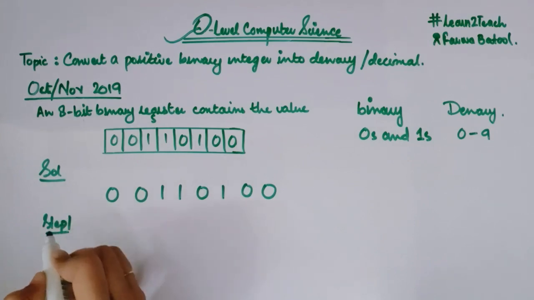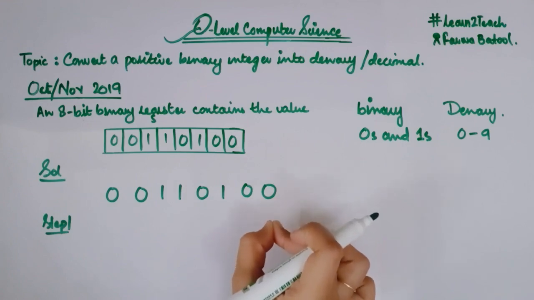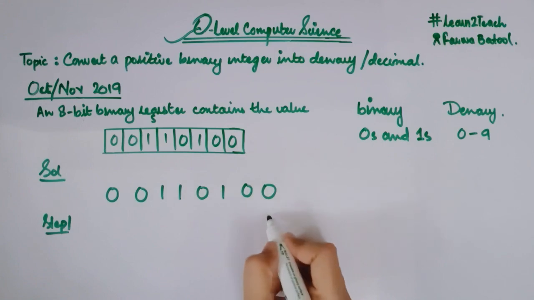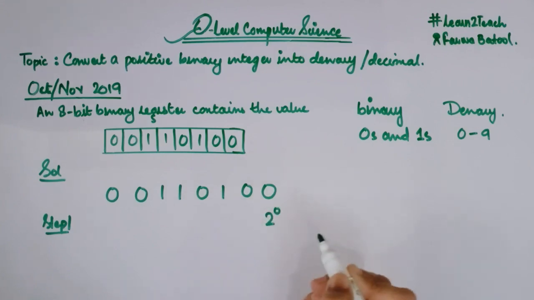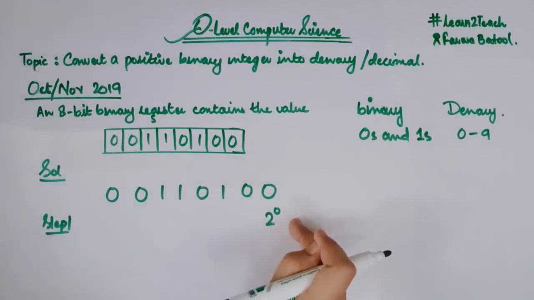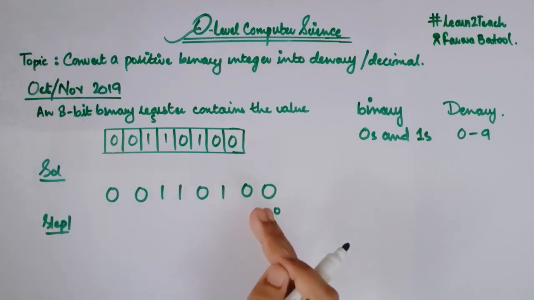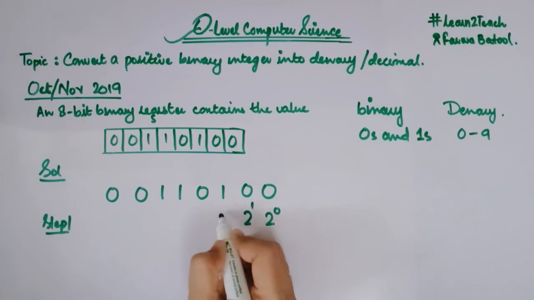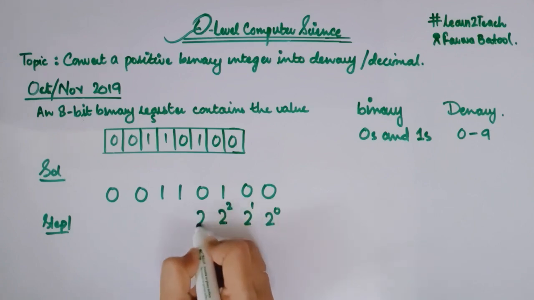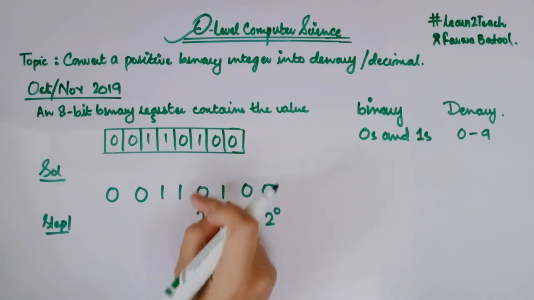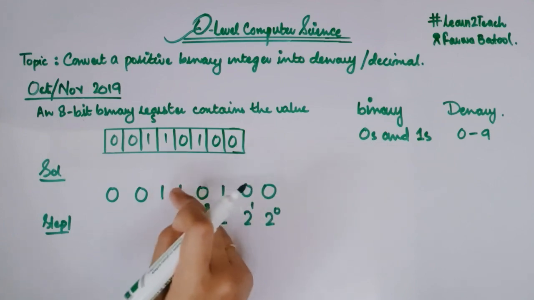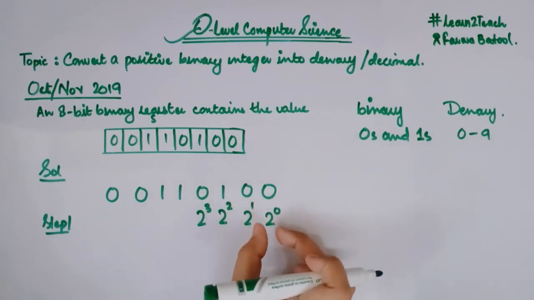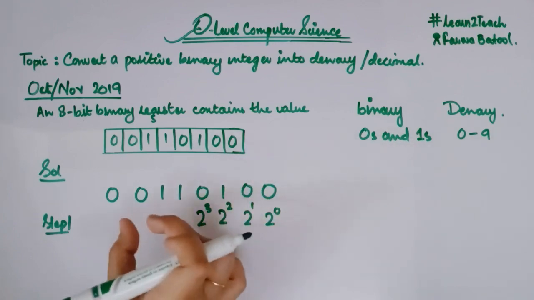Okay, now my first step would be, step 1: I am going to write the powers of 2 below these in ascending order, right? Starting from 2 raised to the power 0 and moving towards my left with the increasing power. 2 raised to the power 1, then 2, similarly 3. Below every bit, whether it's a 1 or 0, I'm going to write a power of 2 in ascending order, right?